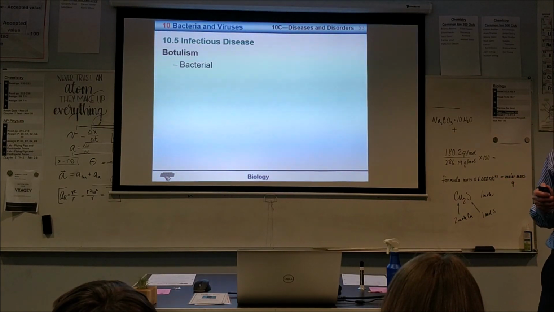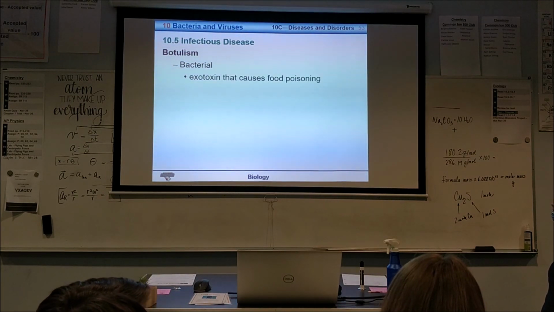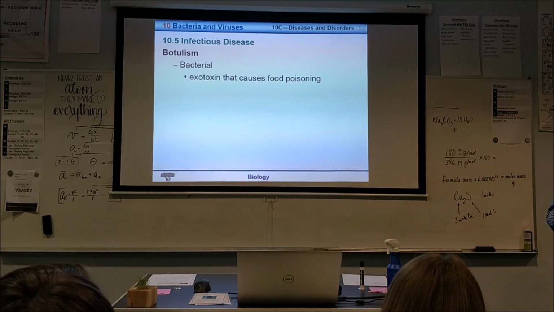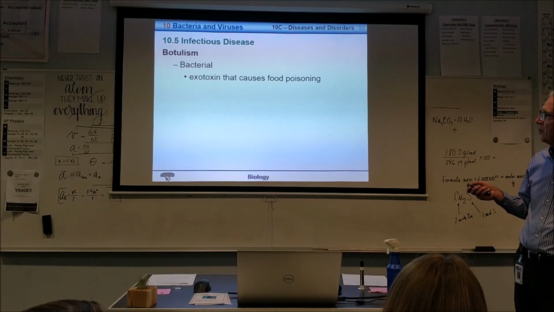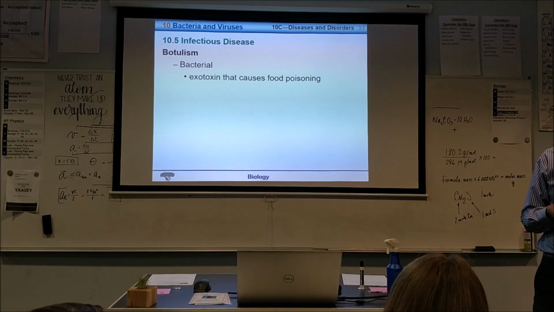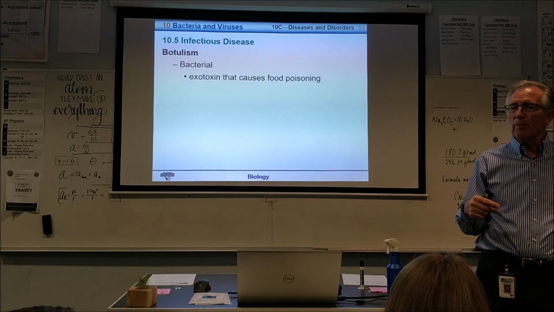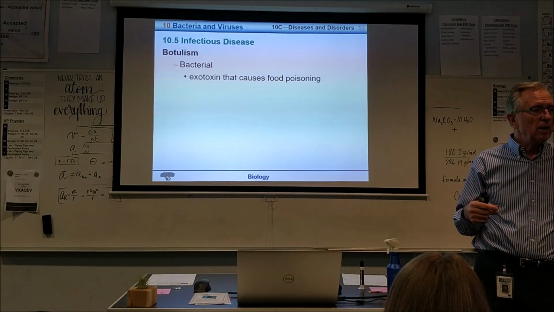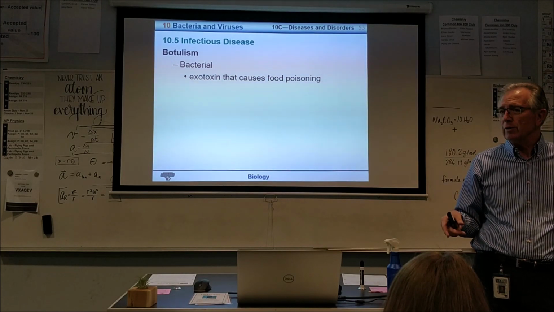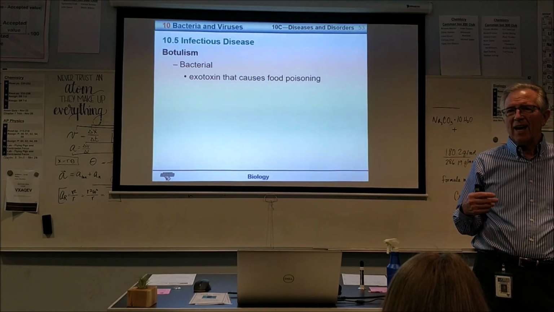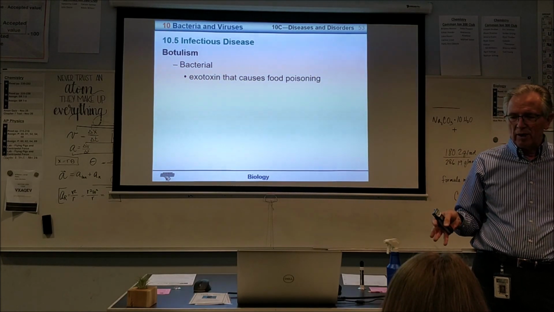Botulism is a bacterial infection that you can get. We often call it food poisoning, but it's an exotoxin, and it's produced by bacteria in improperly canned or prepared food. Canning was a common thing.